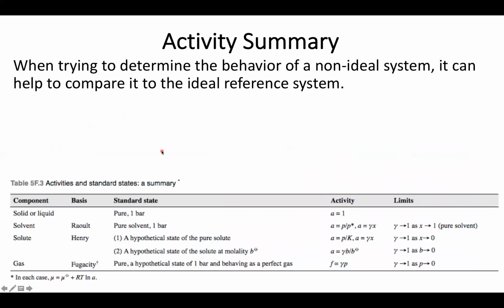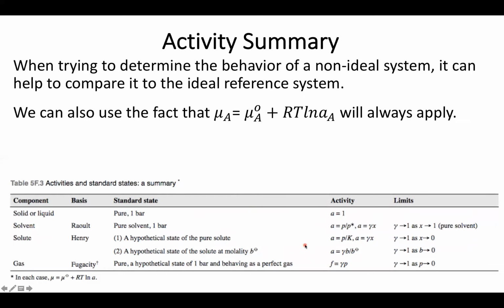So let's try and determine what things look like as I go away from ideality. One of the big things is that we're going to have several slightly different forms of activity to deal with, and it's all about the reference conditions. One of the equations that's always going to apply is that the chemical potential is always going to be equal to the chemical potential of the pure species plus RT ln of a.